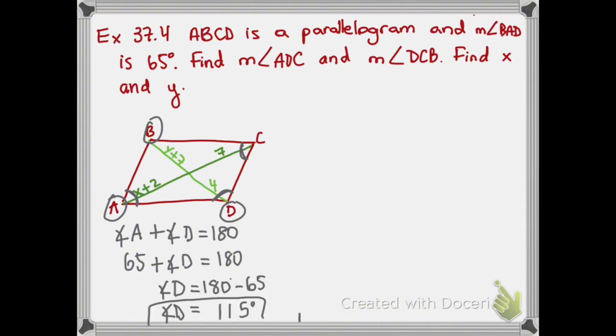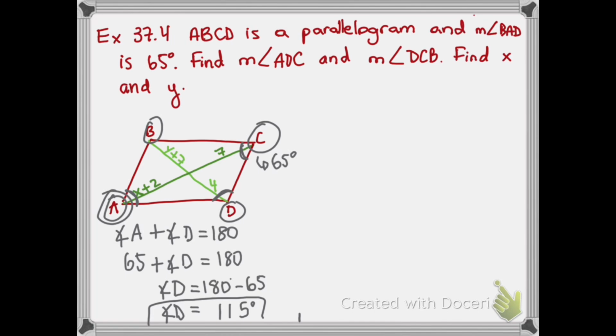And angle D would be 115. Now, the angle C is even easier because we learned that opposite angles are the same. A and C are opposite. So if A is 65, then C is also 65. And that's it. That's all we have to do.